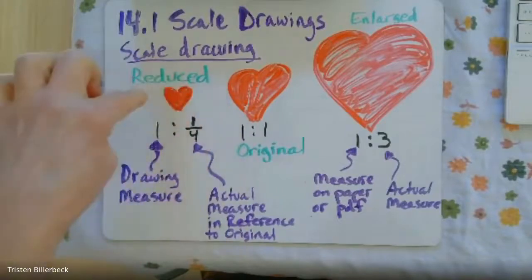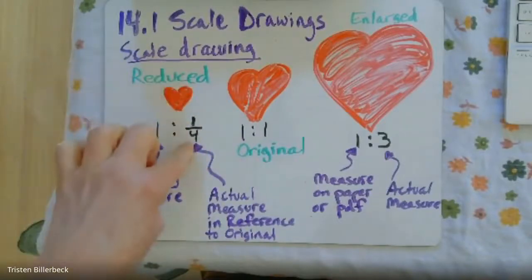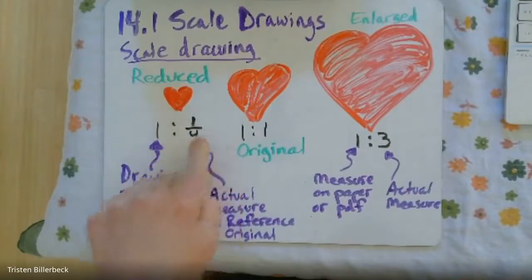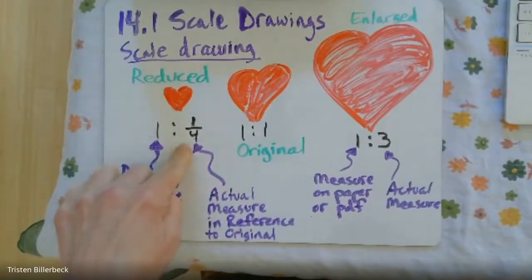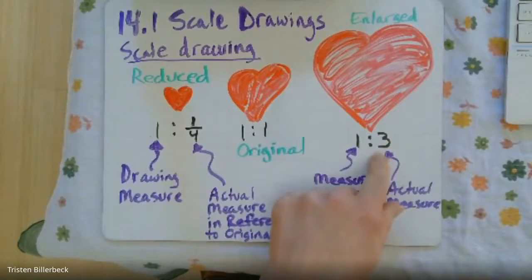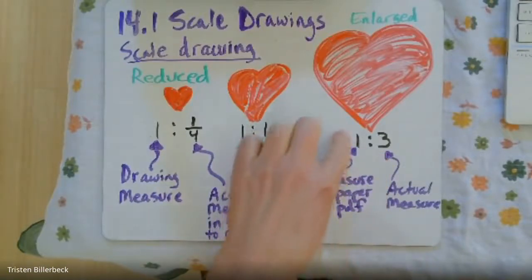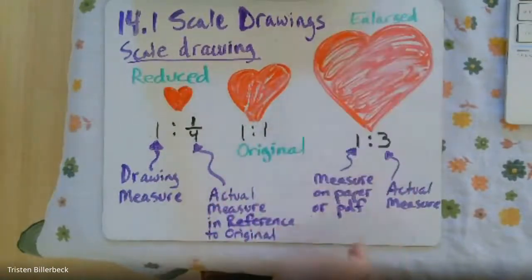This is the original. So this is actually 1/4. So that's what's telling us that it's a reduction if this is a smaller number. If it's bigger, it means it's 3 times the original. Okay? So this is just the measure of the heart on the paper and that it's 3 times the original. So that's how you would read it.